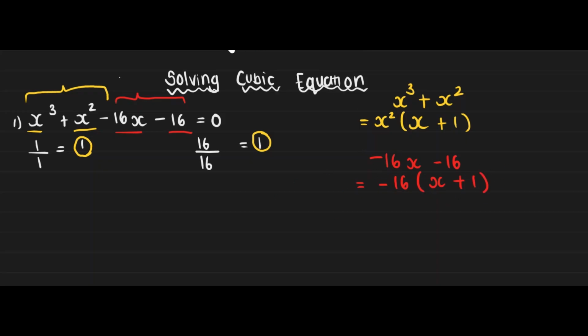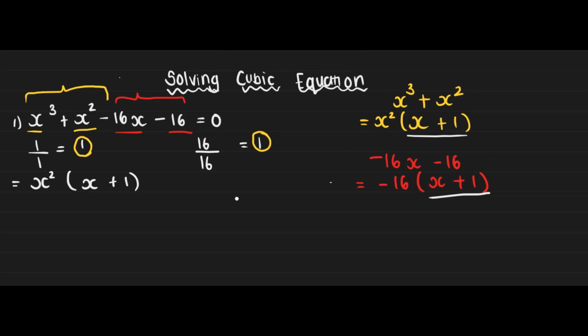We see that x plus 1 and x plus 1 is common, meaning when we put it back here, we're going to have another common factor. So now we write the answer: the part in yellow, you substitute with x squared, open bracket, x plus 1.